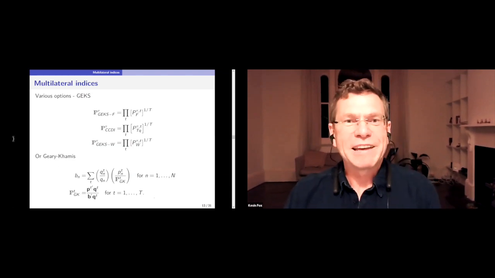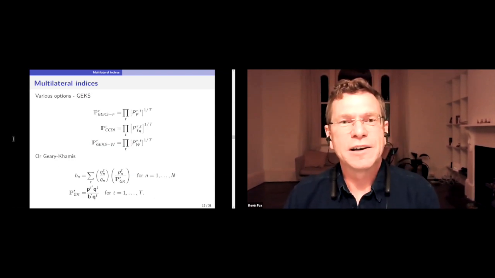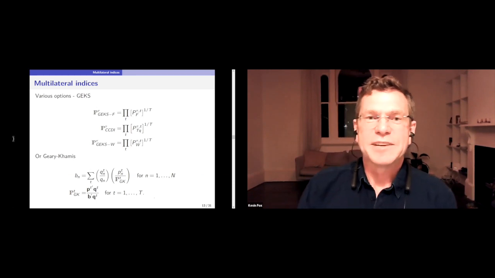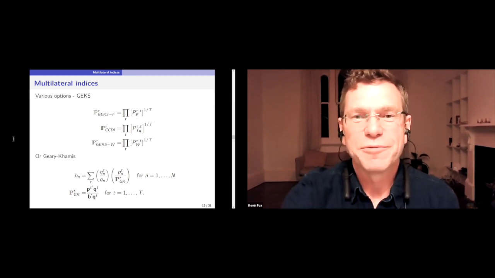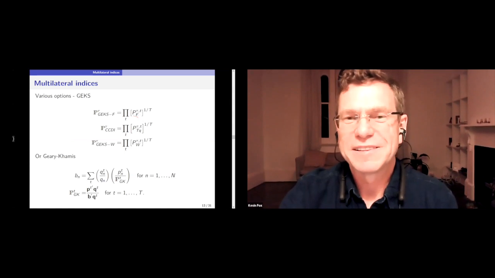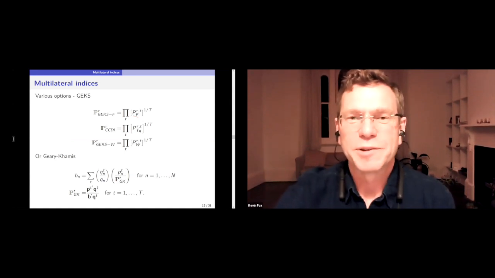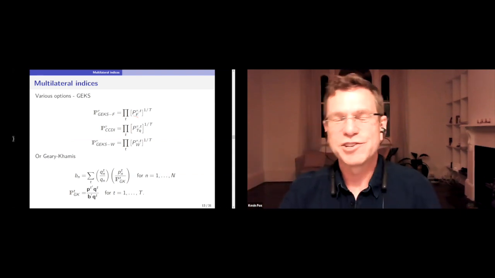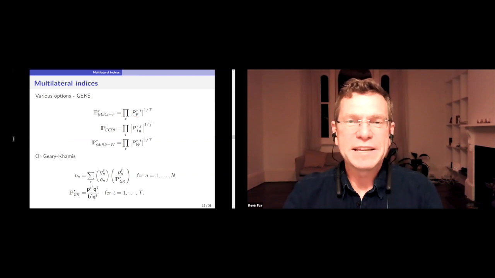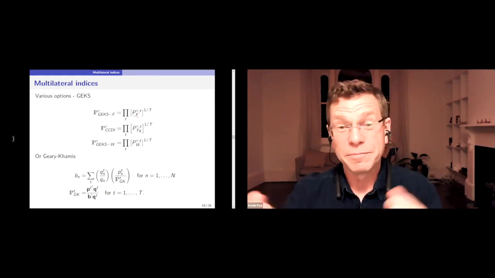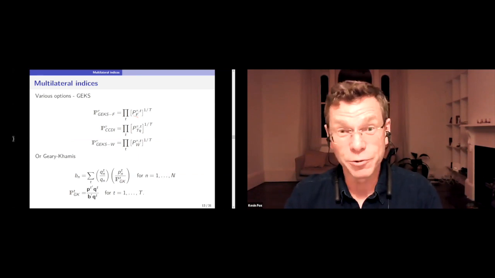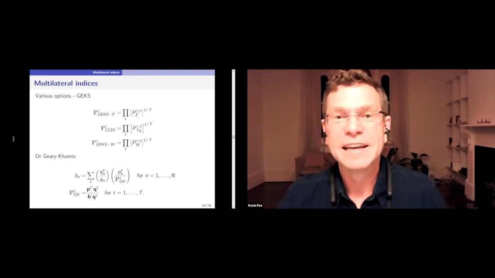Okay, different types of multilateral indexes. There are various options. First is the GEKS family of indexes. The first one there is with the Fisher index. They're all similar in the sense that they're taking a geometric mean of comparisons. Basically the idea is you take each observation in turn as the base and you calculate all bilateral comparisons between all periods, and then you take an average over those, and the average is a geometric mean.